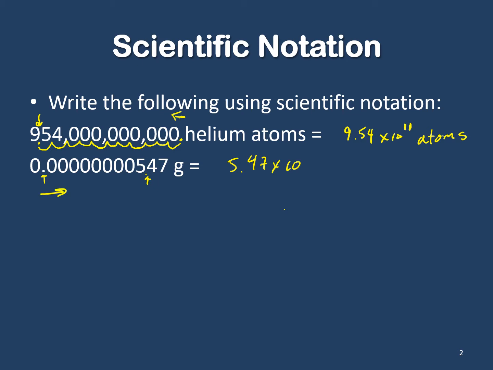Now I'm moving it to the right, which is going to make a difference. 1, 2, 3, 4, 5, 6, 7, 8, 9. This means I have an exponent of 9. But since I moved it to the right, I need to put a negative sign in front of my exponent. This is 5.47 times 10 to the negative 9. And yet again, I've got to put my units of grams there. We're all set.